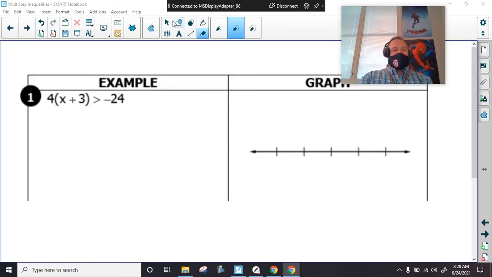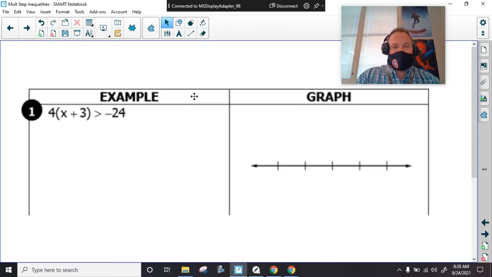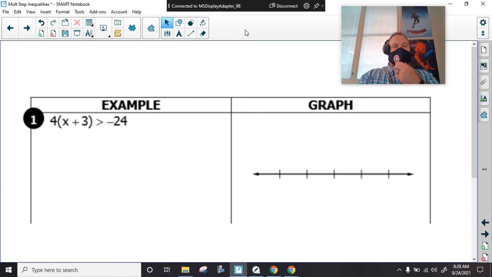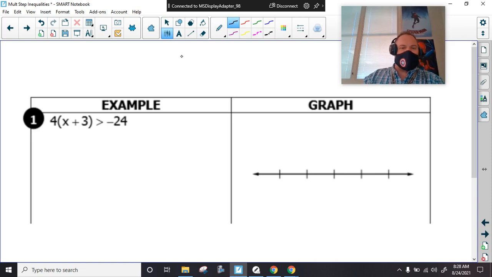So today we're going to be looking at these multi-step inequalities. Trying to relate these a lot to what we had in solving our multi-step equations. Well, these are inequalities. We were doing equations. So we have to look at it, and we might have to distribute, combine like terms.